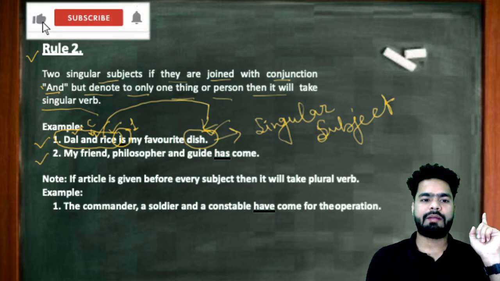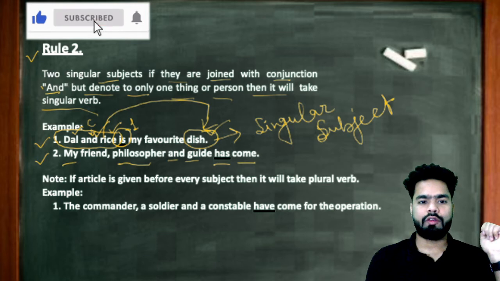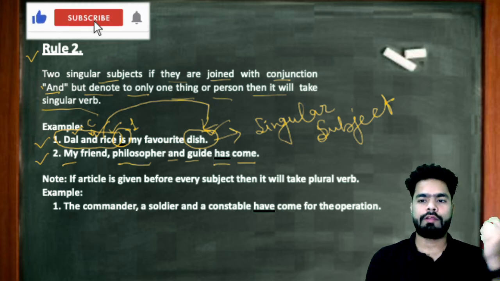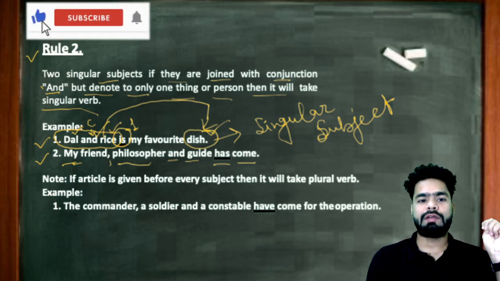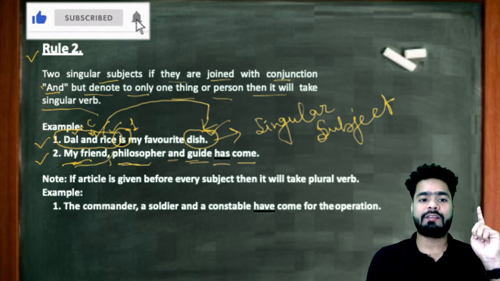Next, second example. My friend, philosopher and guide has come. What is the logic over here? When we use a comma between the people, my friend, comma, philosopher and guide, it means I am talking about only one person, that is my friend.